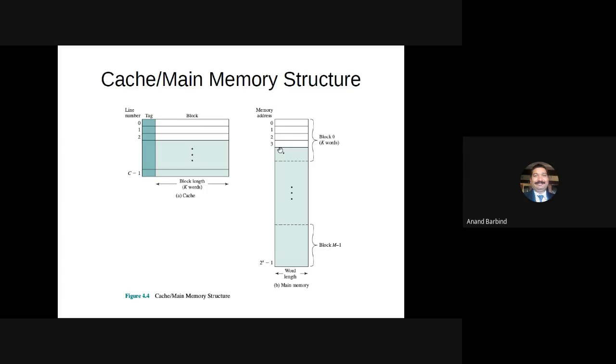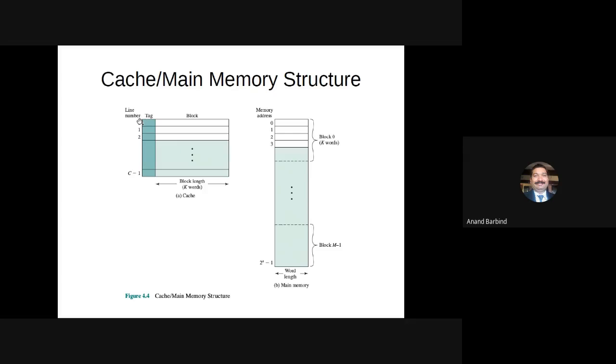So it is possible to select any block from the main memory and copy it into any one of the block locations in the cache memory. In the cache memory, the block locations are called lines, and these lines are given the numbers 0, 1, 2, up to c minus 1.